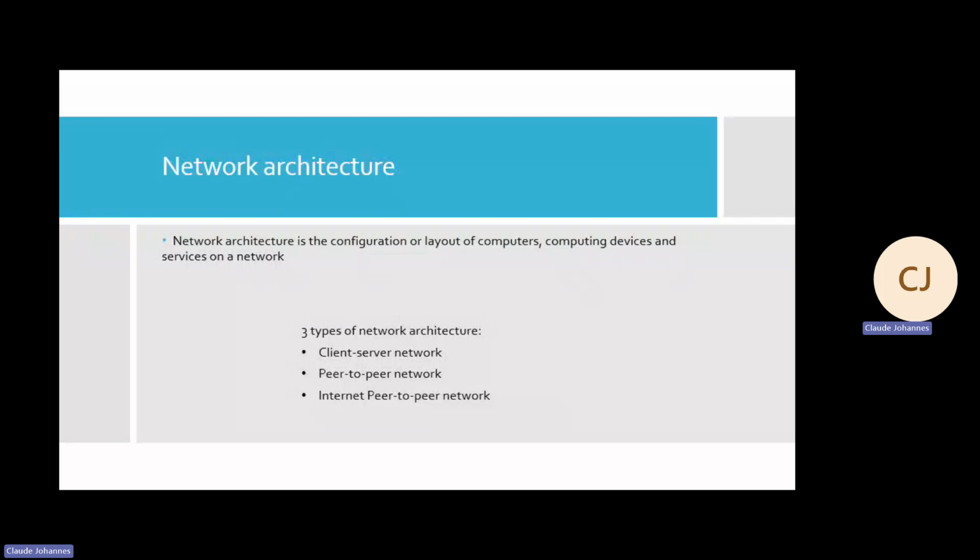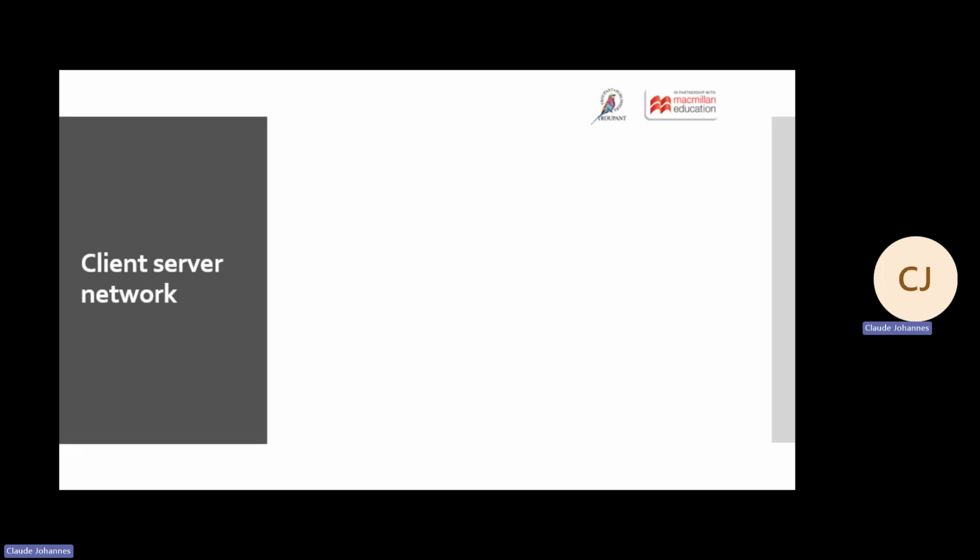So what is network architecture? This is the configuration or layout of computers, computing devices, and servers on a network. So the first one you would look at is client-server network.